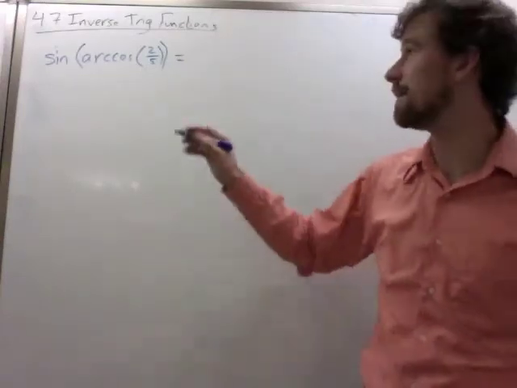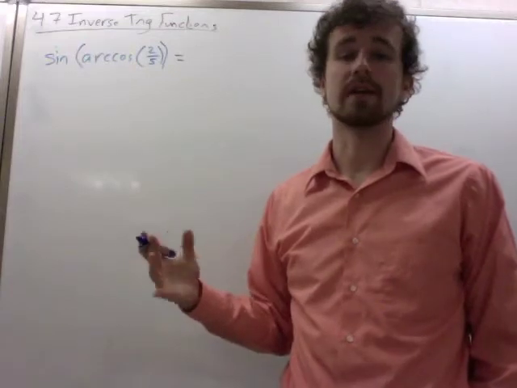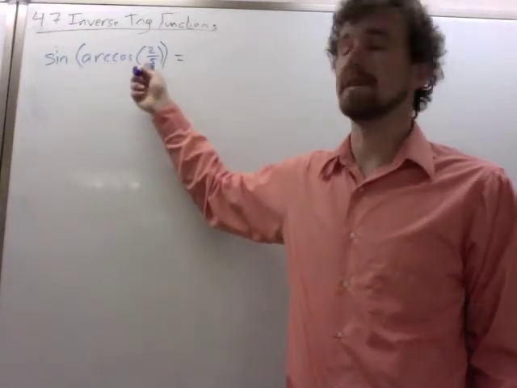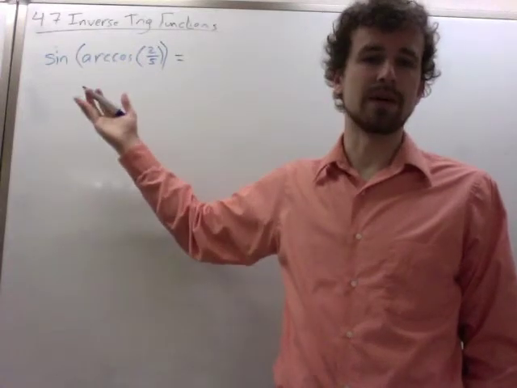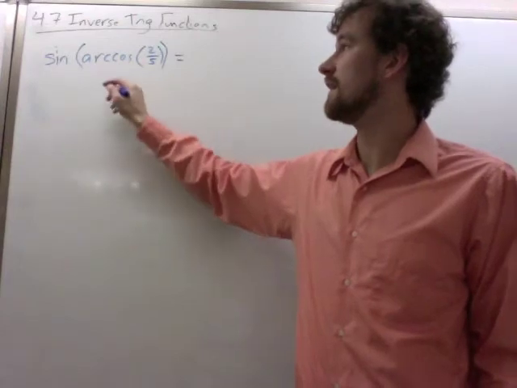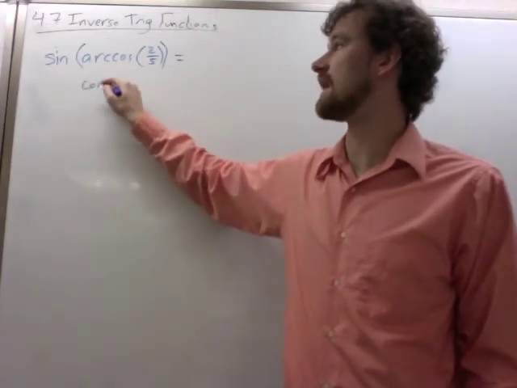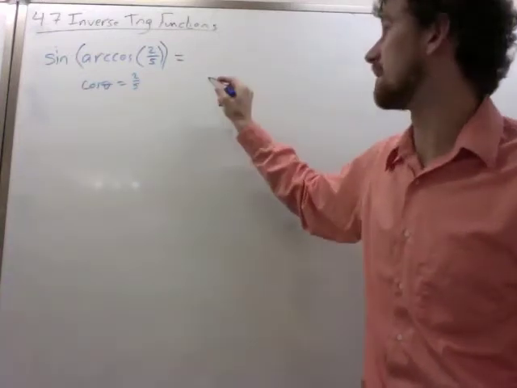We can also mix and match our functions by drawing a triangle. If I want to take the sine of the arc cosine of 2/5, I don't actually need to figure out what this angle is to evaluate the sine. This is the same thing as saying that the cosine of some angle is 2/5, so we can draw a triangle just like we did before.